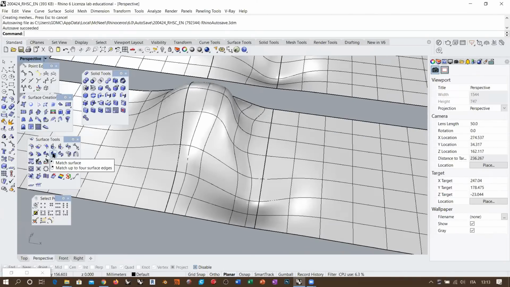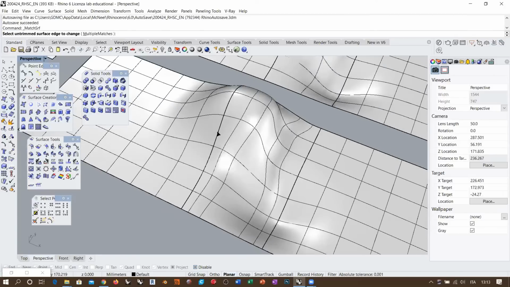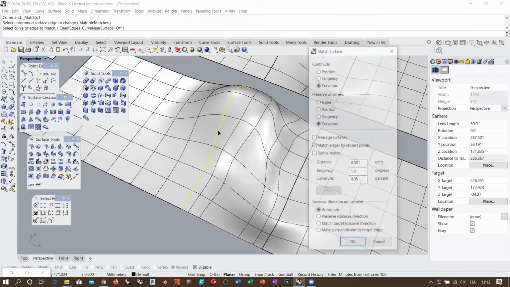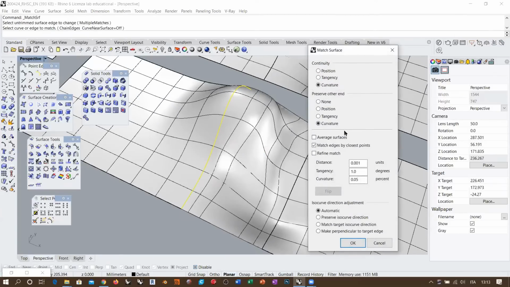Let me see if I can do it again, like matching this with this. I want curvature. I don't want to use average surfaces, because if I do average surfaces, it is going to match the two surfaces together, also adjusting the shape of this one, and I don't want to lose this shape here.